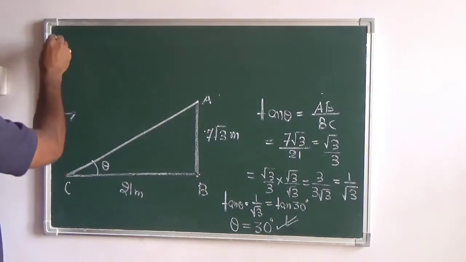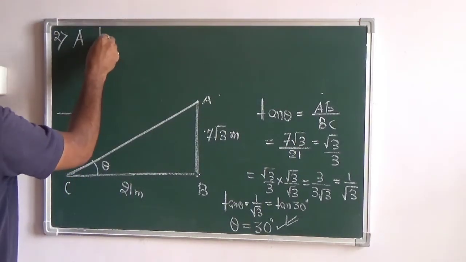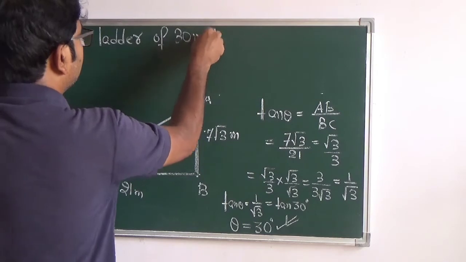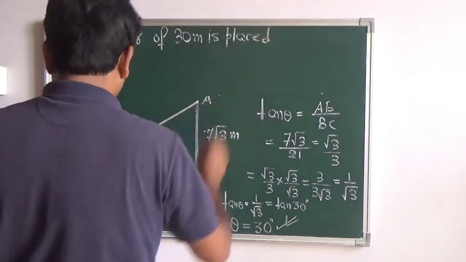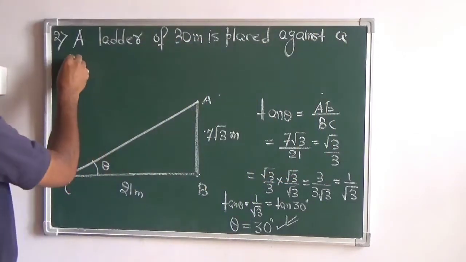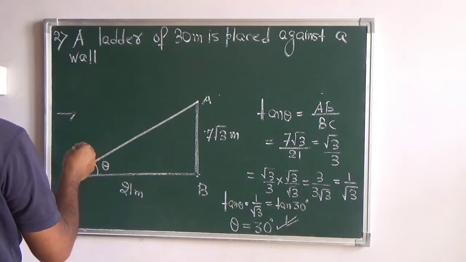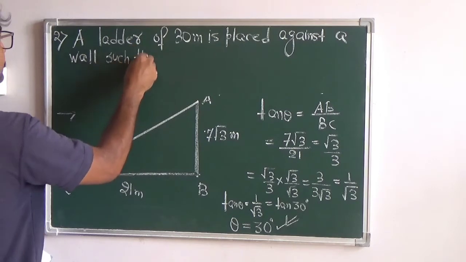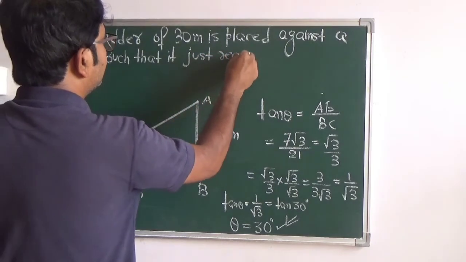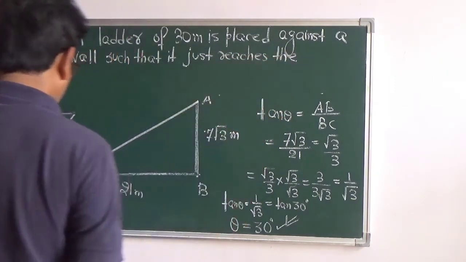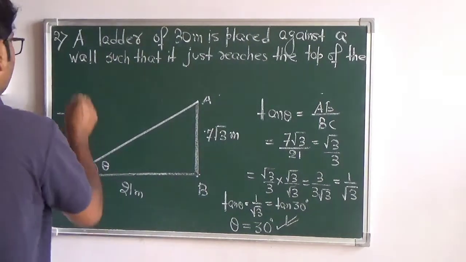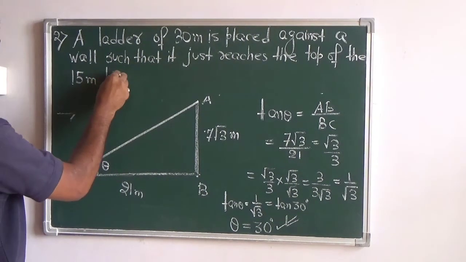Question number 2. A ladder of length 30 meter is placed against a wall such that it just reaches the top of the 15-meter high wall.